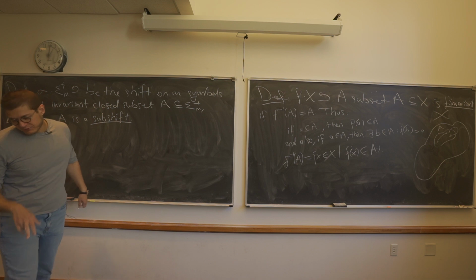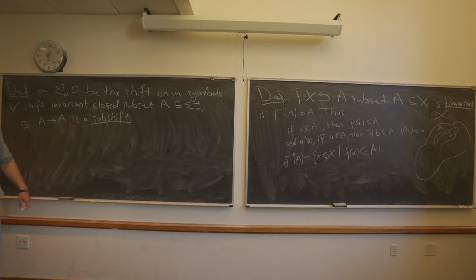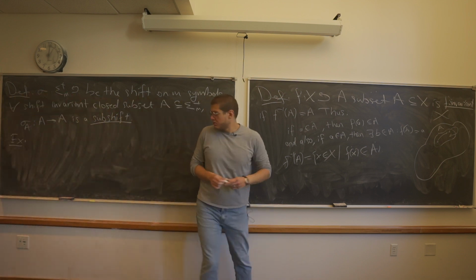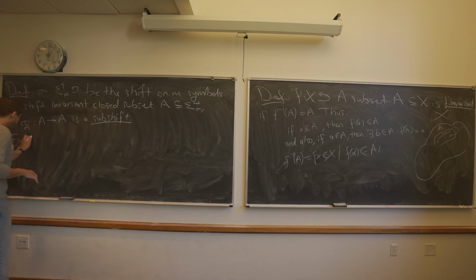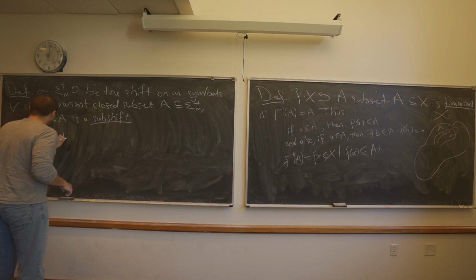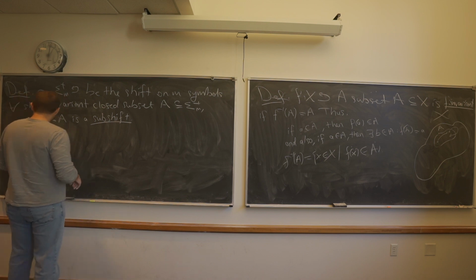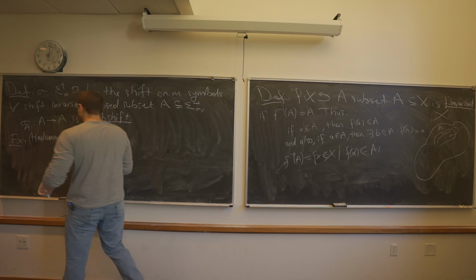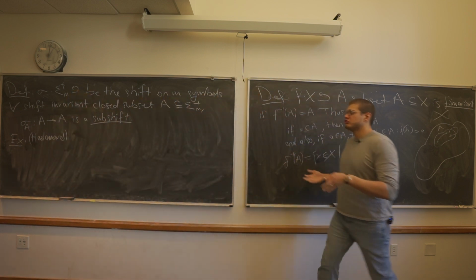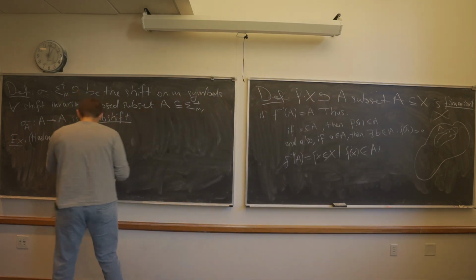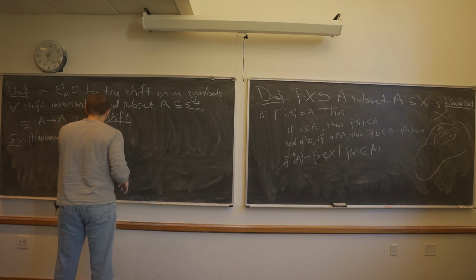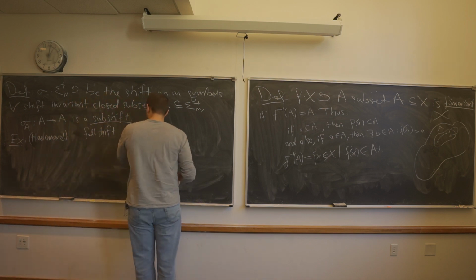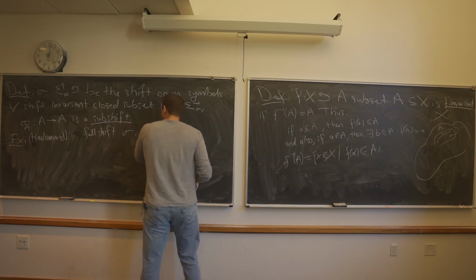In a second, I'm going to give examples. In fact, perhaps I should give an example. For instance, this Hadamard example is a subshift. So recall that for Hadamard, let's use 0, 1, 2 instead of A, B, C. So we have the full shift, which is the shift acting on 3 symbols.